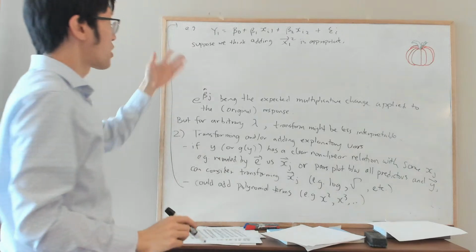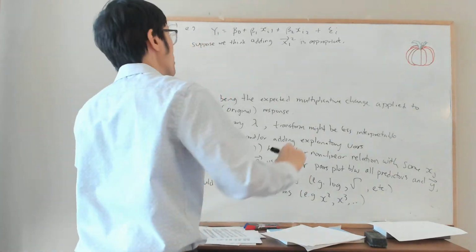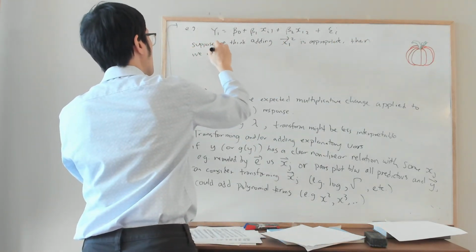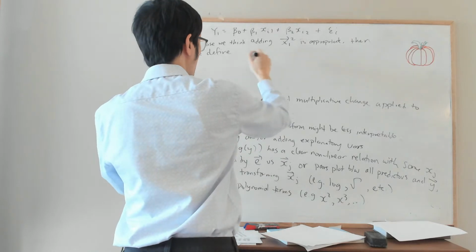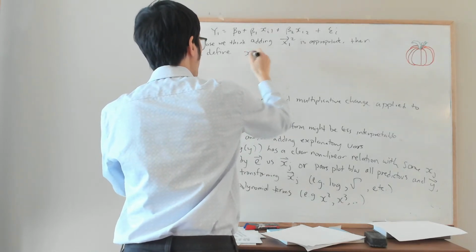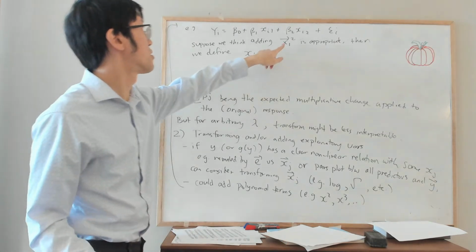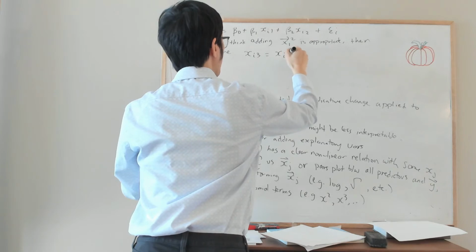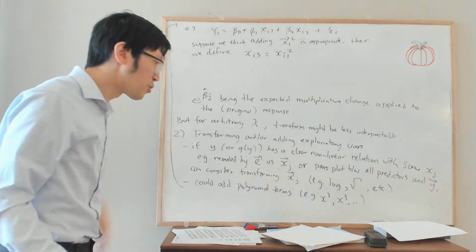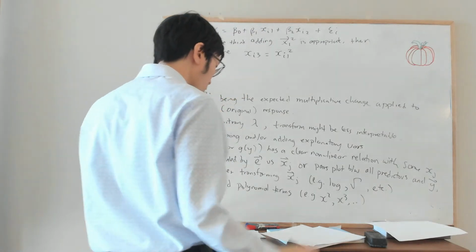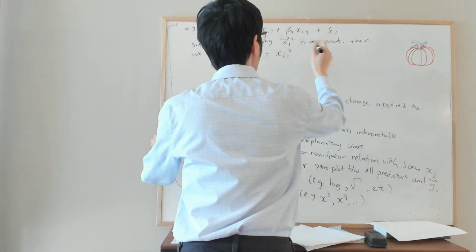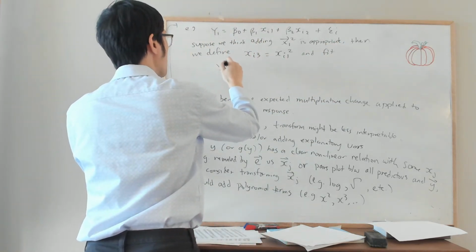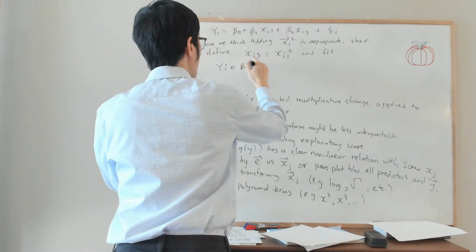Conceptually, how would we do that? Well, we would simply define a new variable. We'll define x3. I'm going to take each xi1, square it, and define this new variable, and fit. Now we have a regression with 3 variables.